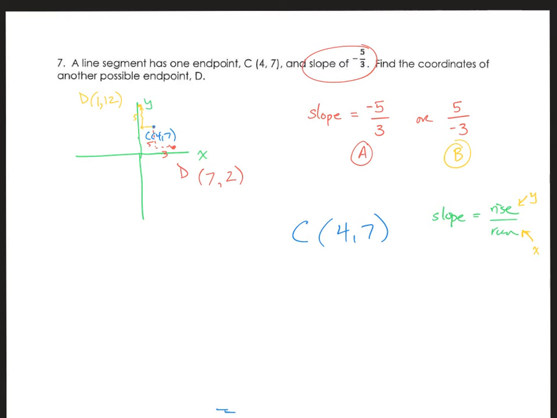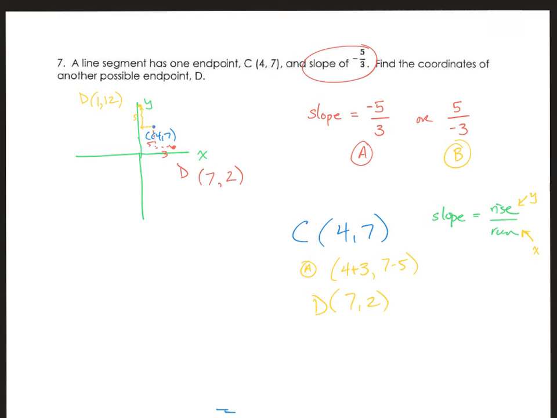And so if I wanted to calculate that, I could very quickly say, if I was going option A, then what I need to do is I need to move 3 to the right of my x value, and I need to move 5 down from my y value. And so we come as the location of D at 7, 2.